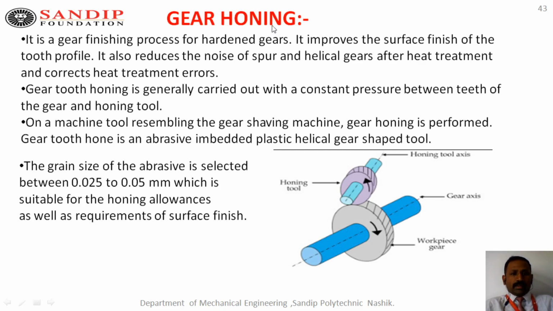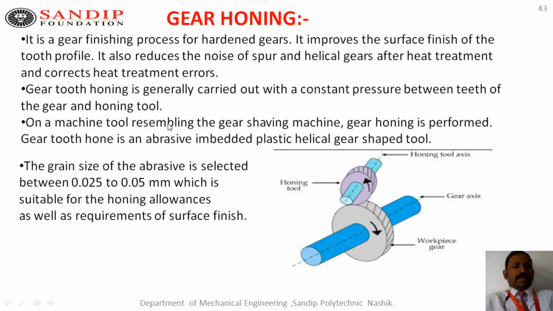Gear tooth honing is generally carried out with constant pressure between the teeth of the gear and the honing tool, removing material in microns.